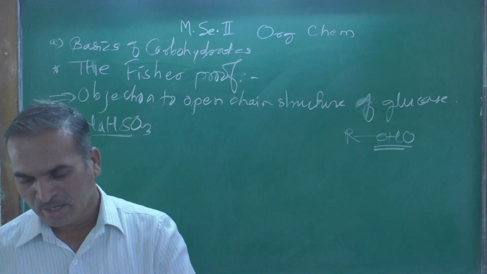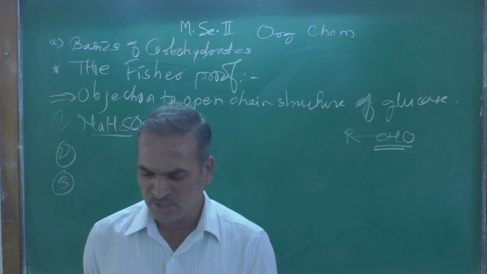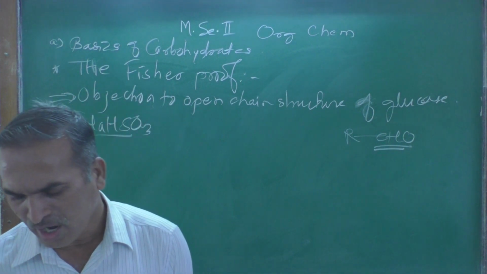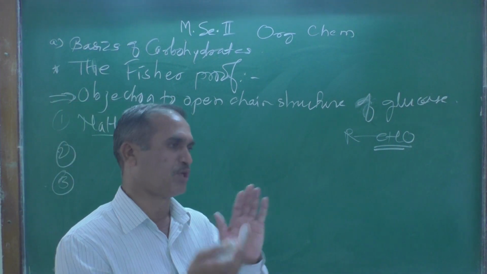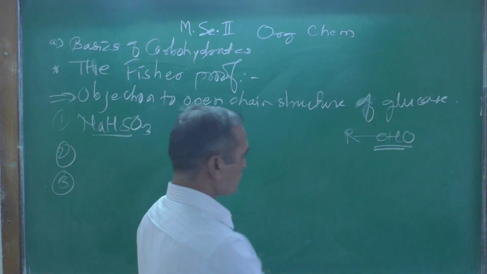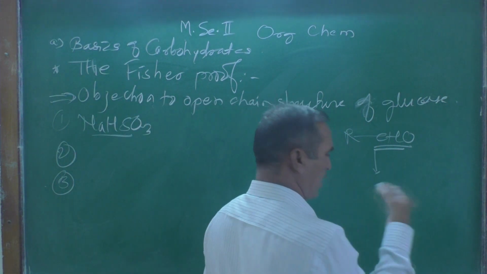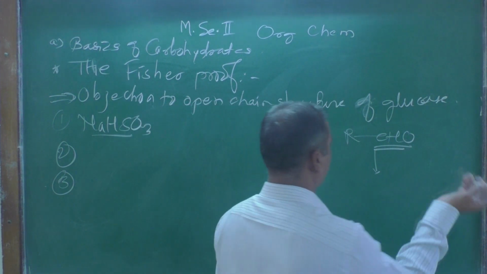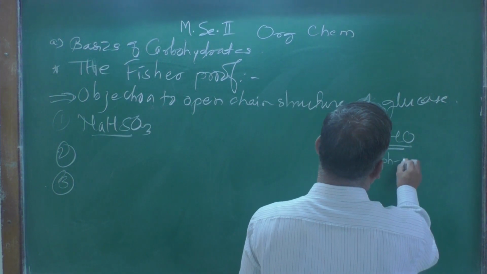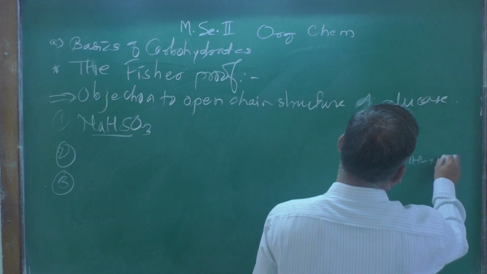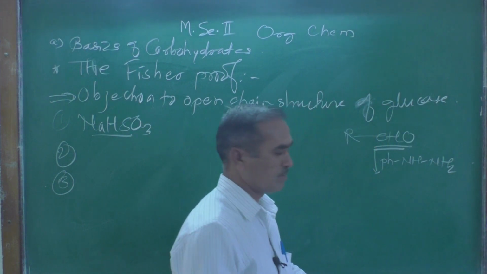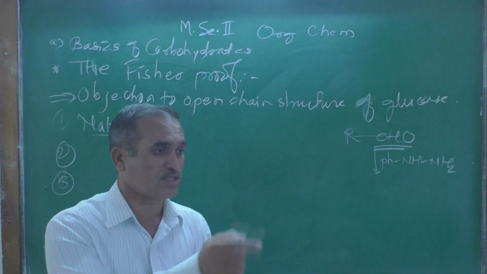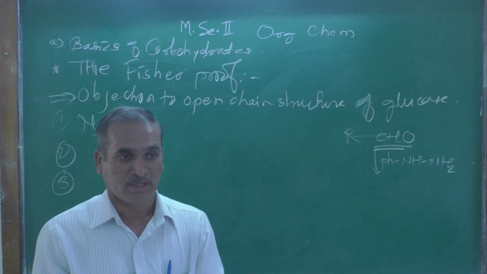Penta-acetyl glucose does not react with hydroxylamine. As we know, when any aldehyde is treated with phenylhydrazine, C6H5-NH-NH2, it forms a phenylhydrazone derivative, which is characteristic of the aldehyde.